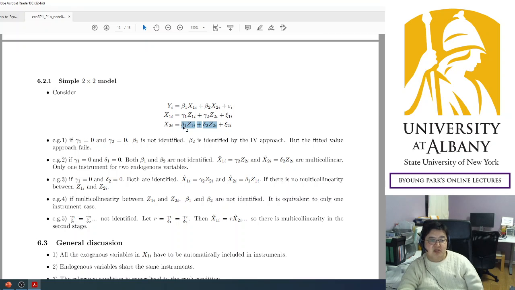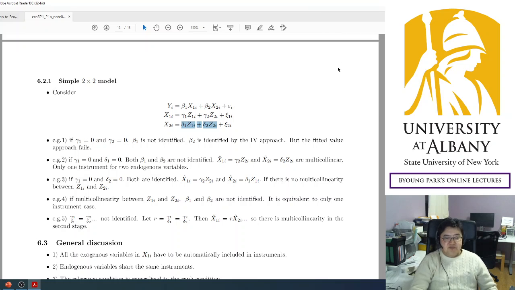So gamma 1 and delta 1 are proportional to beta 2 and delta 2. Then x1 hat and x2 hat will be perfectly proportional. So that is another problem that causes a multicollinearity in the second stage.